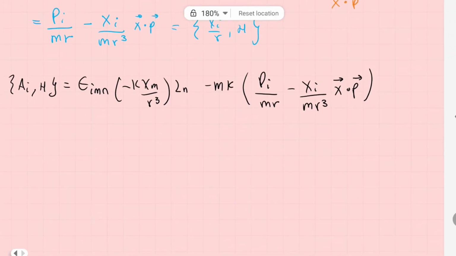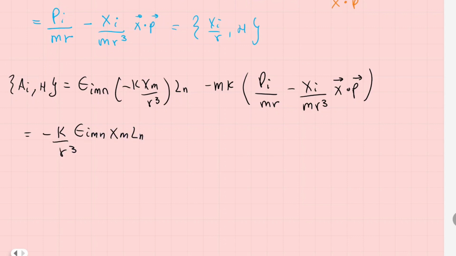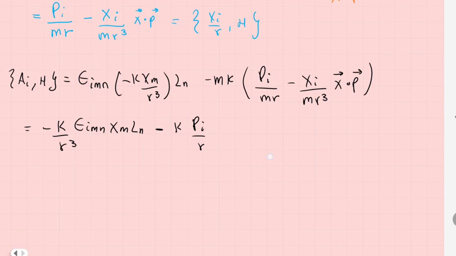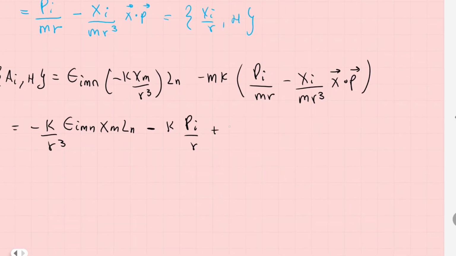Perfect. So if we develop this, it is going to be minus k EIMN xm ln over r cubed, then minus k pi over r plus k xi over r cubed x dot p.